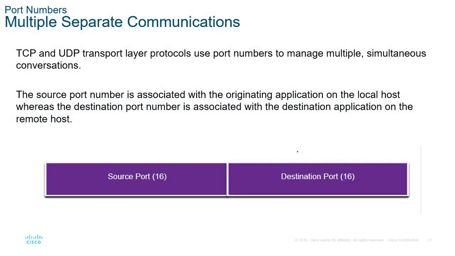Port numbers. So we've talked about port numbers. They are a 16-bit number. So in binary, they consist of a string of 16 ones and zeros, and they are used by TCP and UDP to manage multiple simultaneous conversations, multiple web connections to different websites, using different applications at the same time, like transferring a file while sending email, while instant messaging, that sort of thing.